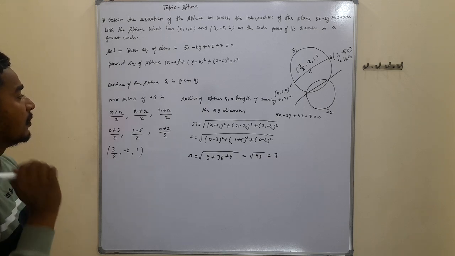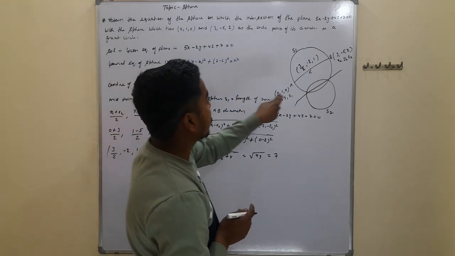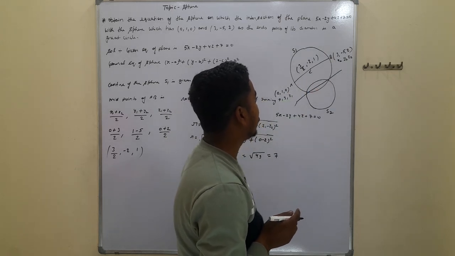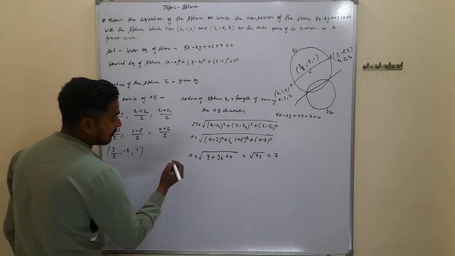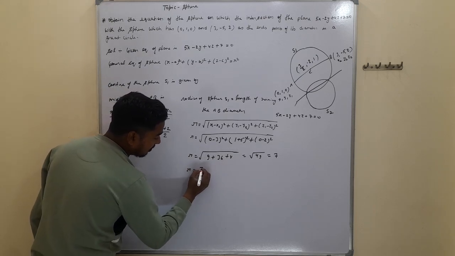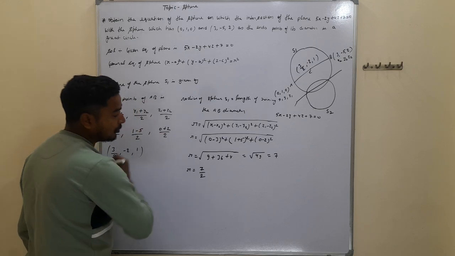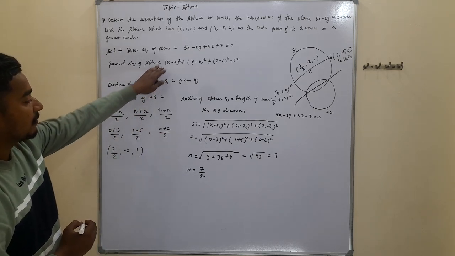And here we have to find the radius of sphere S1. The line joining AB is the diameter, so the radius is half of the given length. This gives 7 by 2 here, and we put it in the general equation of a sphere.